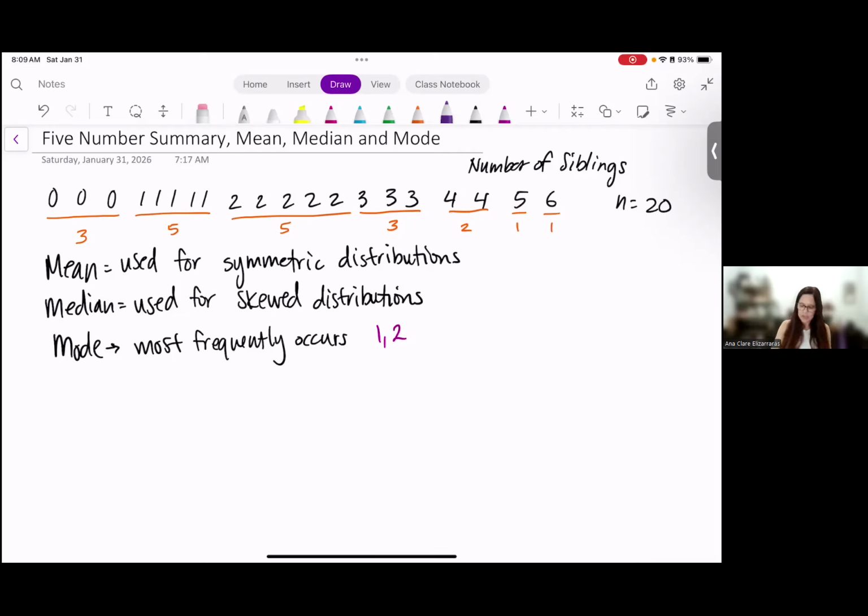The mean is the average. So when you're calculating the average, you can use a weighted average where you're taking 3 times 0 and 5 times 1 and 5 times 2 and 3 times 3 and 2 times 4, 5 times 1 and 6 times 1, and then divide that by 20.